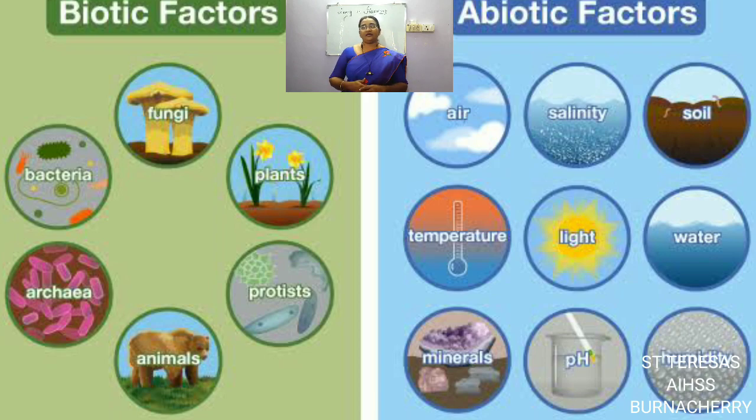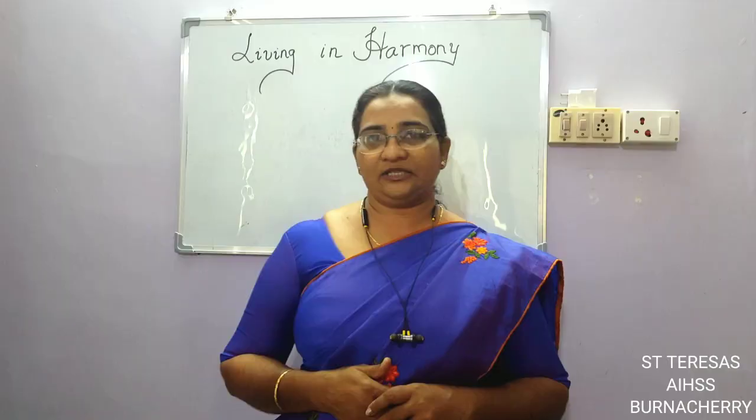I think you have learned this in 5th standard. So what are biotic factors? Biotic factors are all living things or living organisms. So, naturally, what is an abiotic factor? Abiotic factor means all non-living things are abiotic factors.